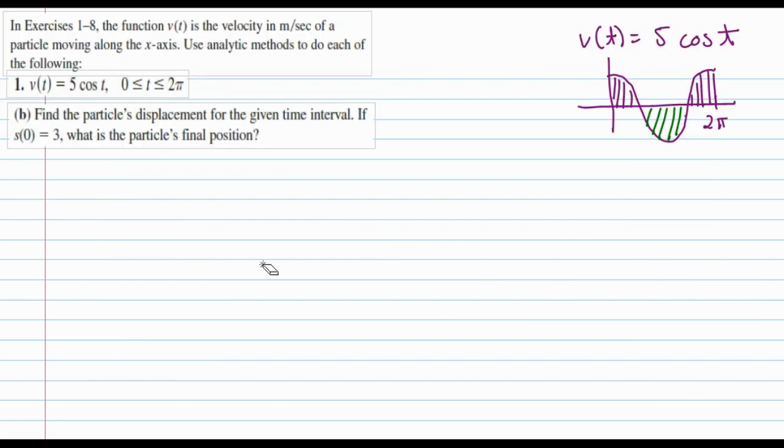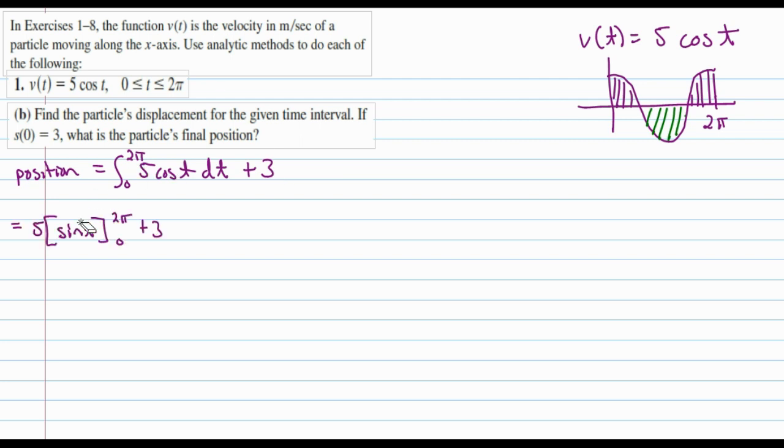So the now try problem number 1 is a continuation off of the now try problem from example 1. We have a particle that's traveling with the velocity 5 cosine of t, and we want to find the particle's displacement for the given time interval. If s of 0 equals 3, what is the particle's final position? Okay, so I'm going to set up the position equation by taking the displacement and adding the initial position.